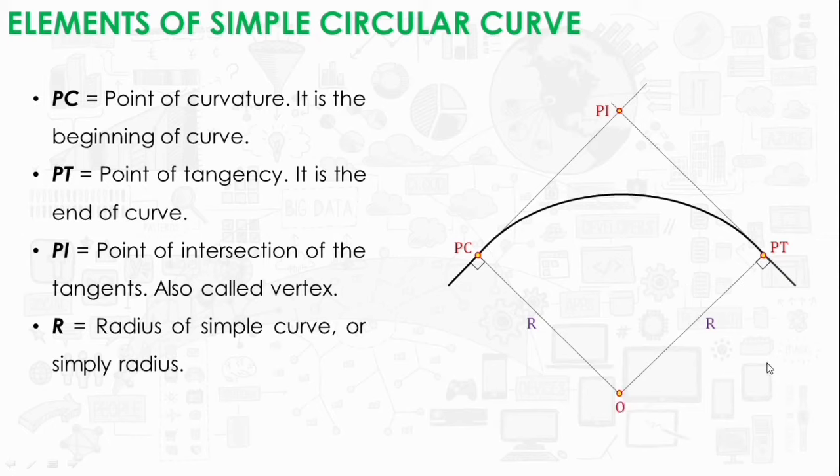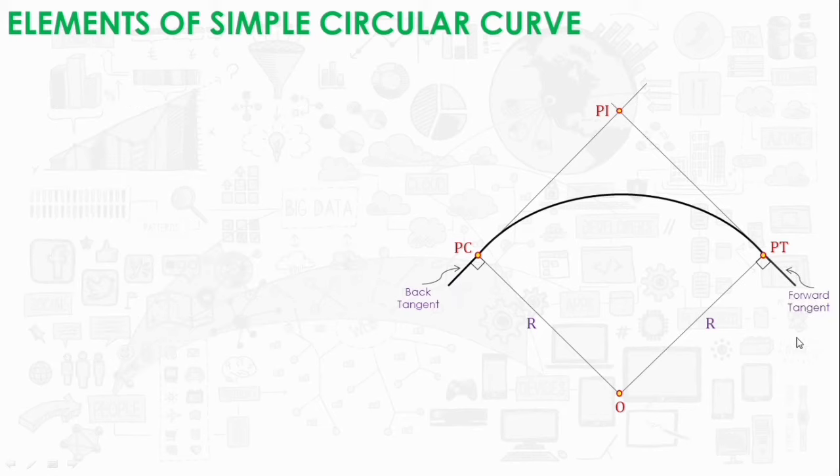And we will call this point O, the center of our circle. And this is the back tangent. This one is the forward tangent. Next, T, the tangent line.